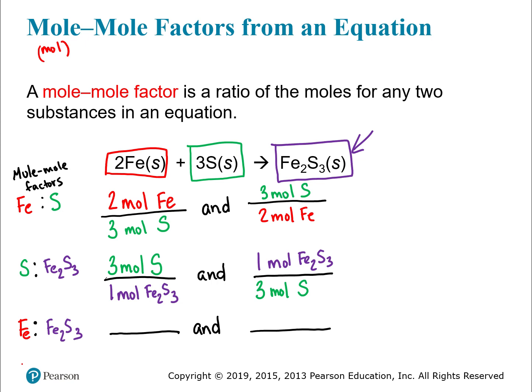Yeah, 2 moles of iron for every 1 mole of iron 2 sulfide. We're literally just reading the numbers from the chemical equation and putting them in fraction form.